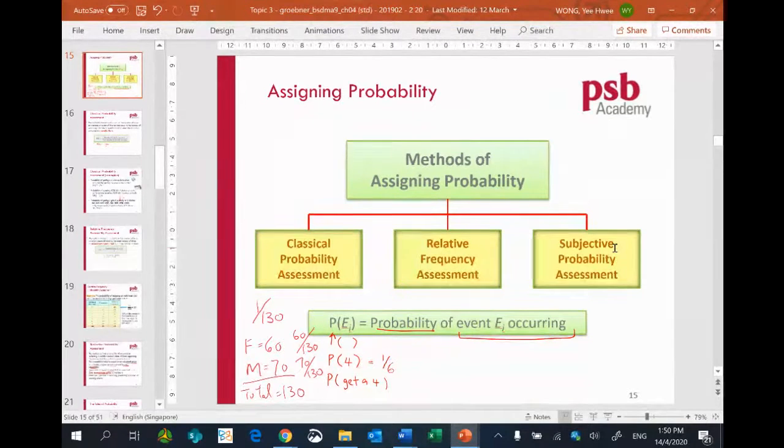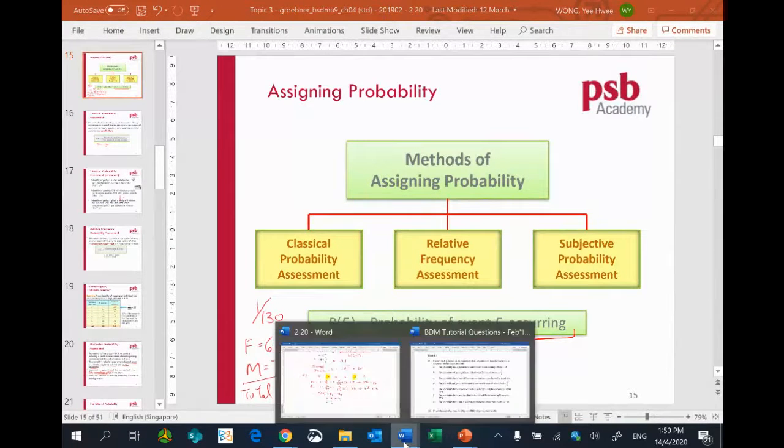For example, earthquake, weather forecast, and sports events, like a football match or a marathon: who will win? Those are subjective probability.